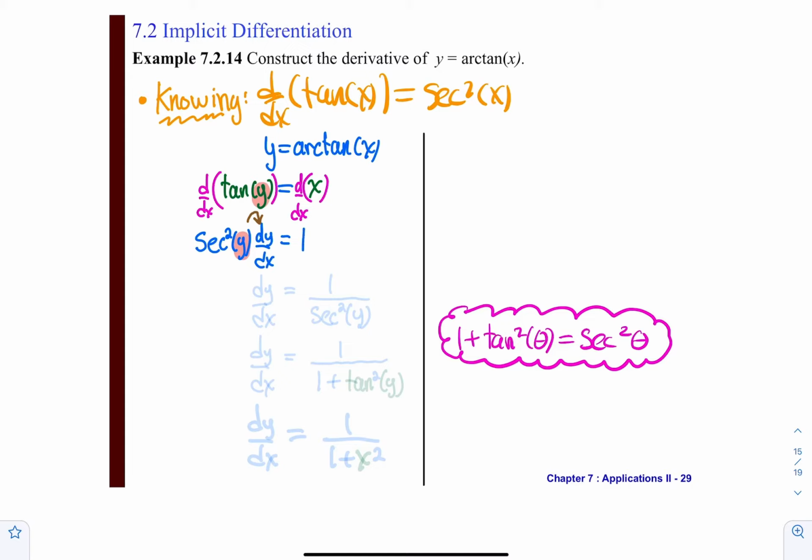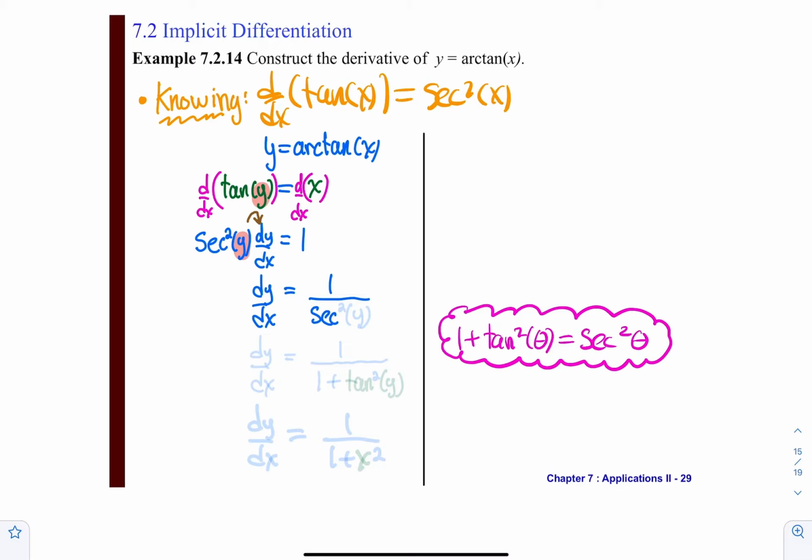So that's good. Now the goal is to isolate dy/dx, so we just need to divide by secant squared. So we get dy/dx is equal to 1 over secant squared.